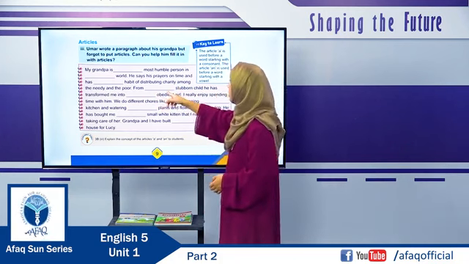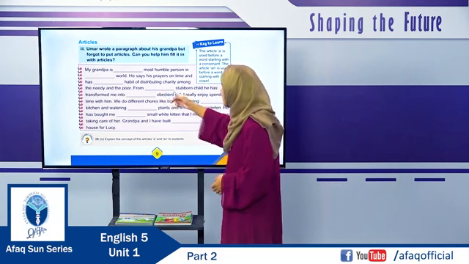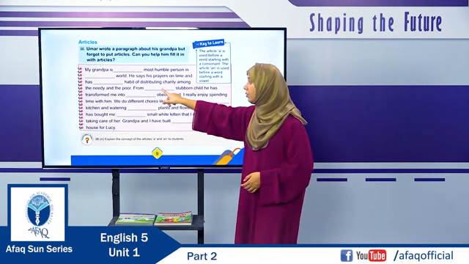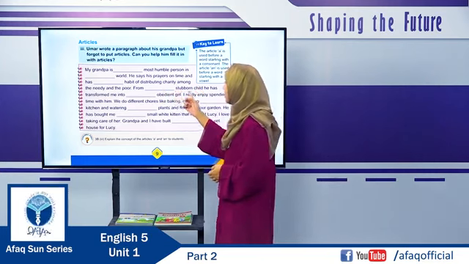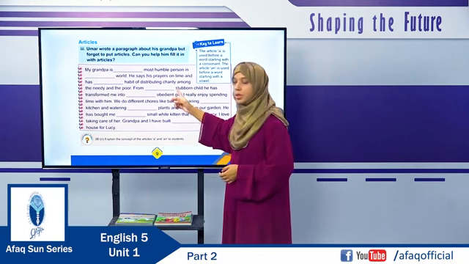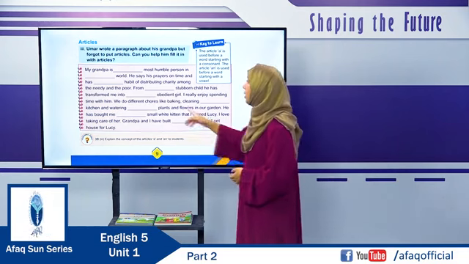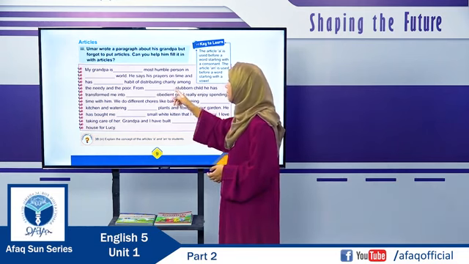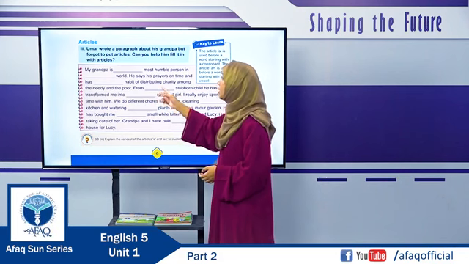From stubborn child, from a stubborn child. Okay, we cannot write an here because the next word stubborn starts with a consonant. It does not start with a vowel sound. If the word would start with a vowel sound, then we could write an here, but now we will write a.